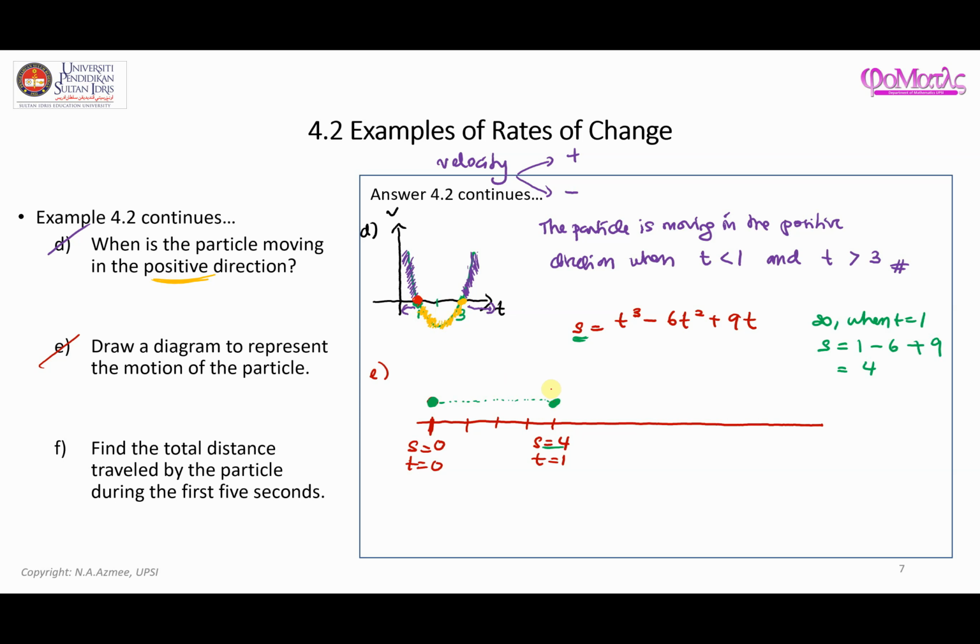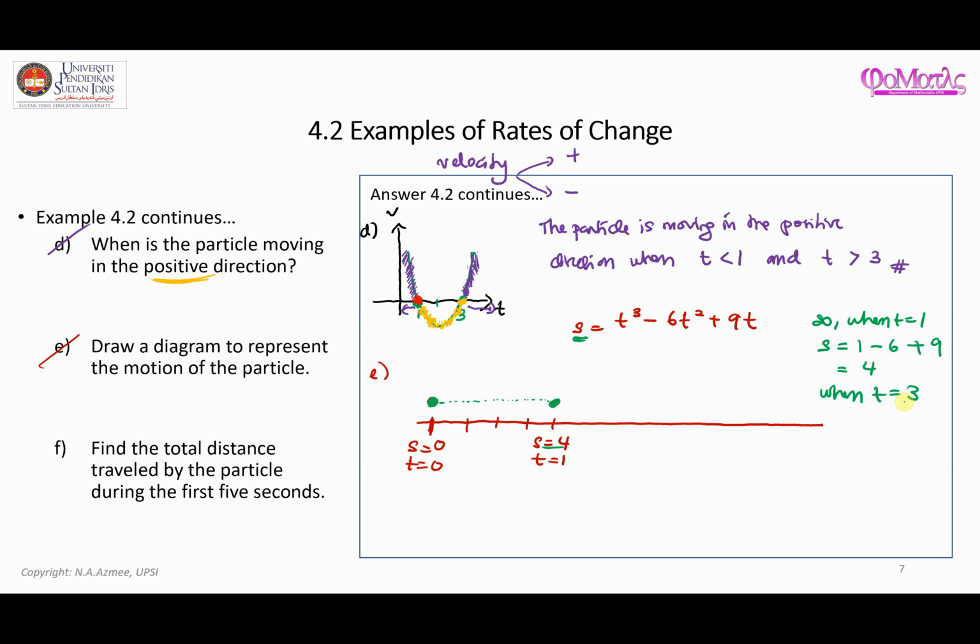So now the particle is going to move in this direction from t between 1 to 3. So now the point of interest is when t equals 3, we want to know how far the particle has traveled.